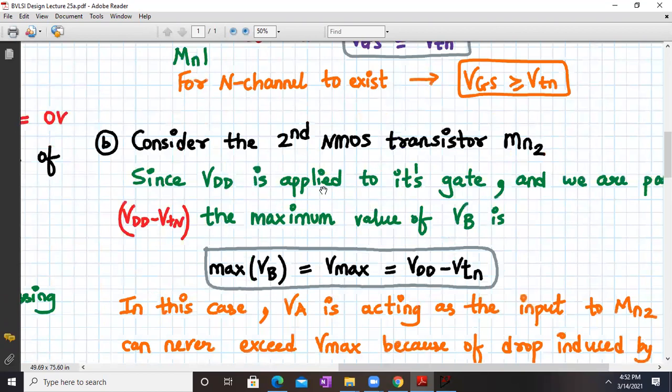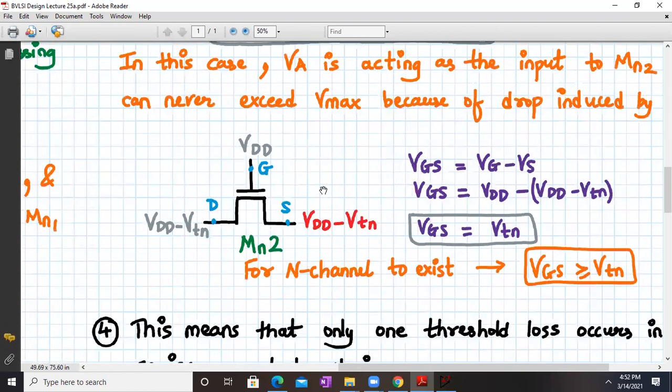Now let us consider the second transistor. Second transistor also has the same story. Irrespective of what you get at the drain terminal, at the drain you are getting around VDD minus VTN now. But the point of interest is the VG voltage and VS voltage. Since the VG voltage is constantly tied to VDD, your VS voltage again has to be VDD minus VTN.